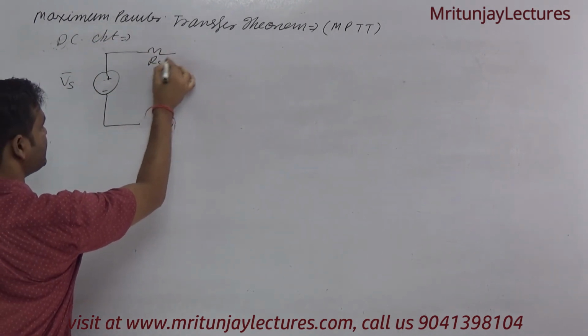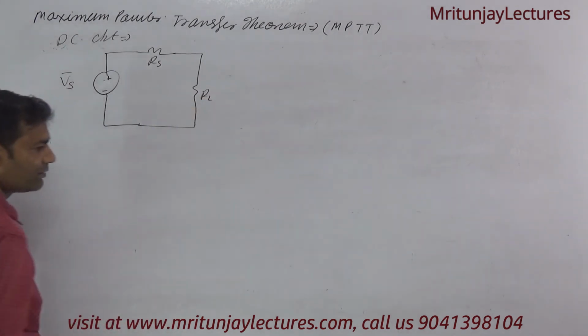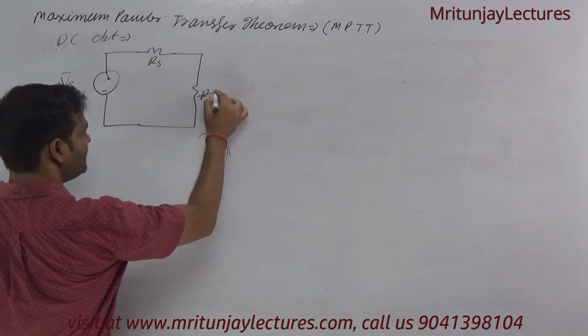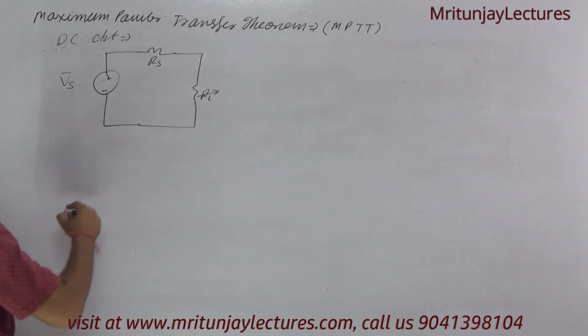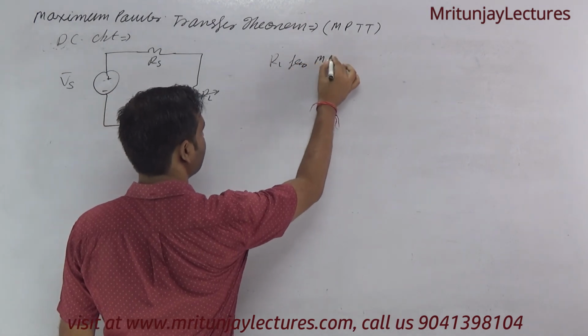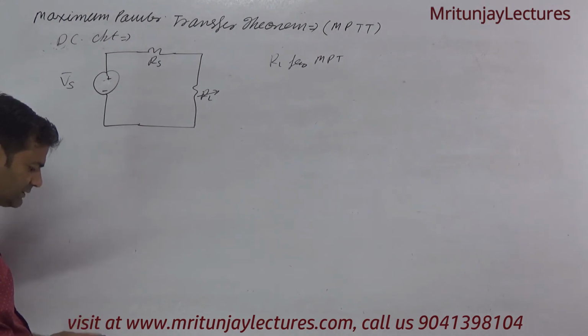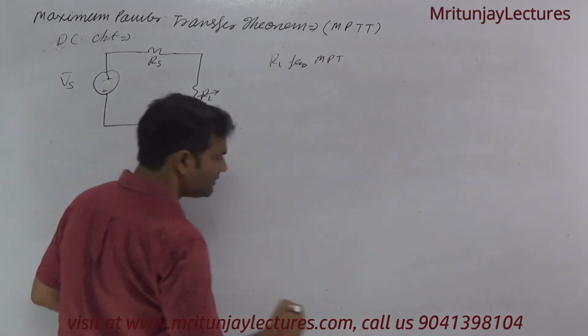That is RS and that is the load RL, where RL is variable, RL for MPT, maximum power transfer. Our motto, we are focused on RL in a DC network.